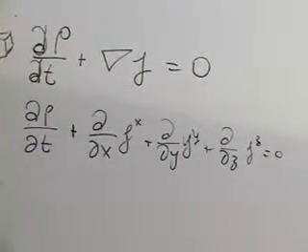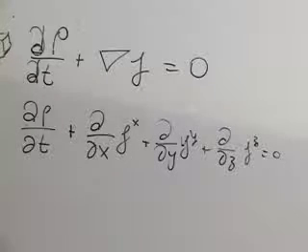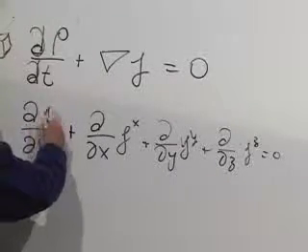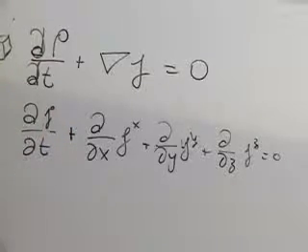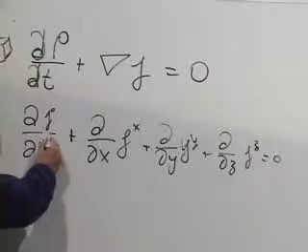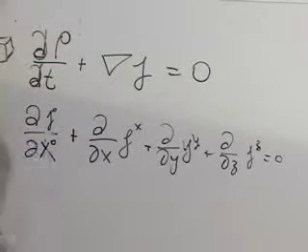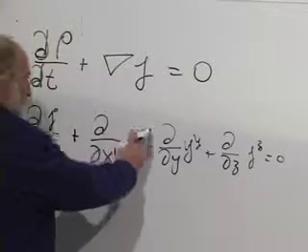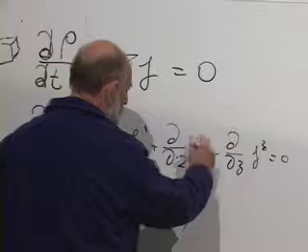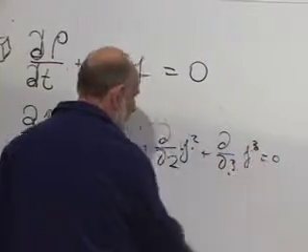But if I now call rho the time component of j, we can just write this as j naught, the time component. And we can call t the time component of the 4-vector of position. This becomes x0, x1, x2, x3.